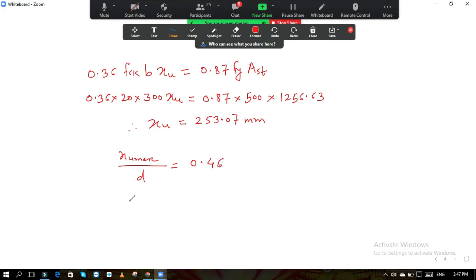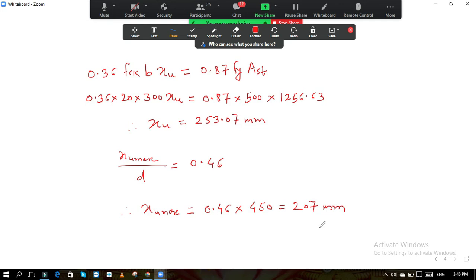Okay, so therefore Xu max is equal to 0.46 into d. So d is 450, which is equal to 207 mm.